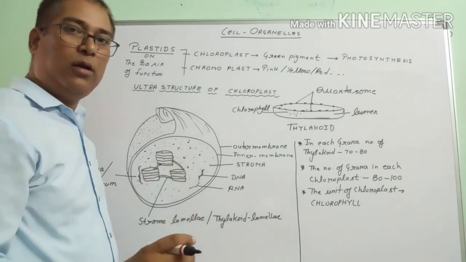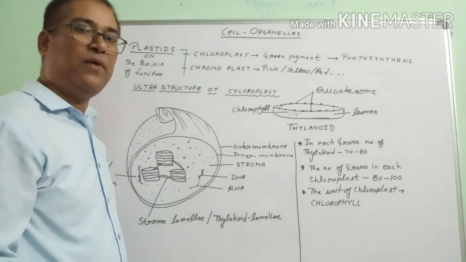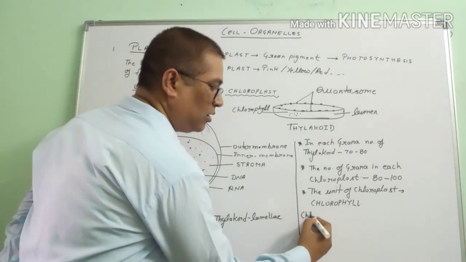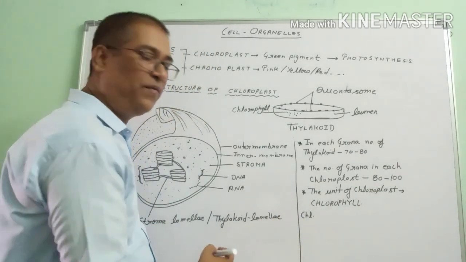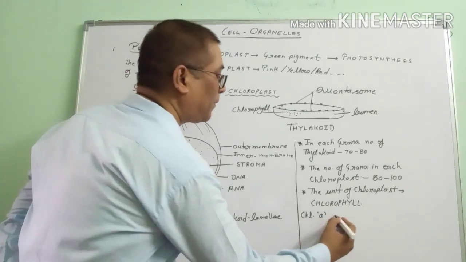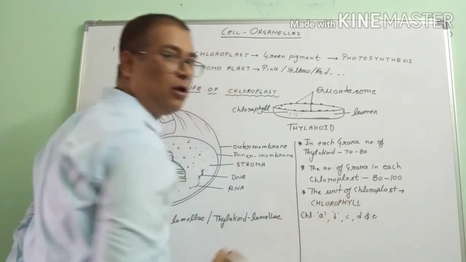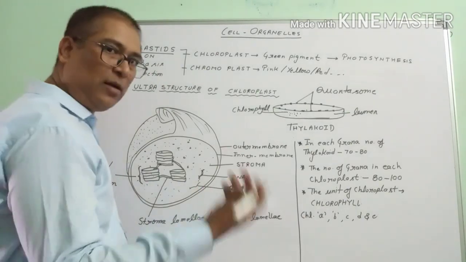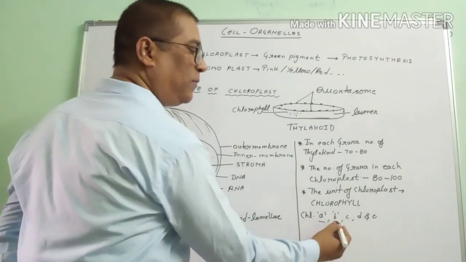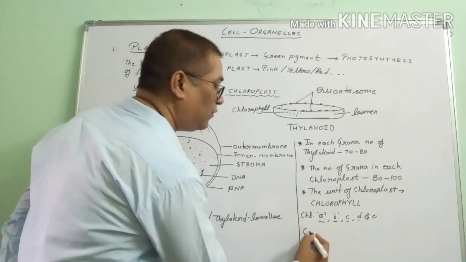Chlorophyll helps in photosynthesis, and there are many types of chlorophyll. CHL is the short form of chlorophyll. CHL means chlorophyll A, B, C, D and E, and some other pigments also.